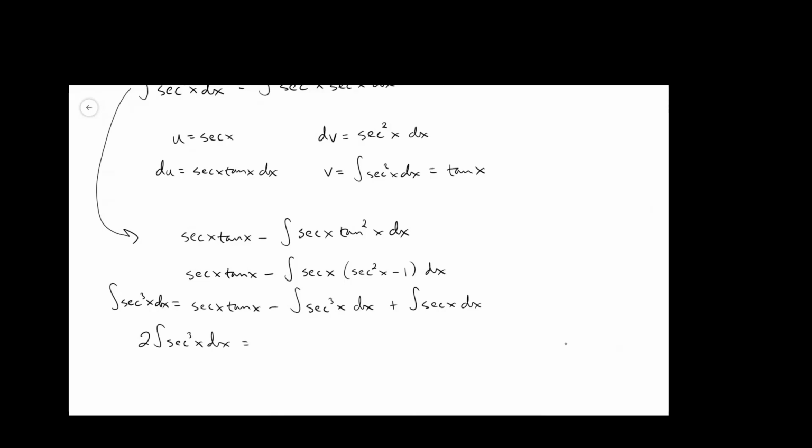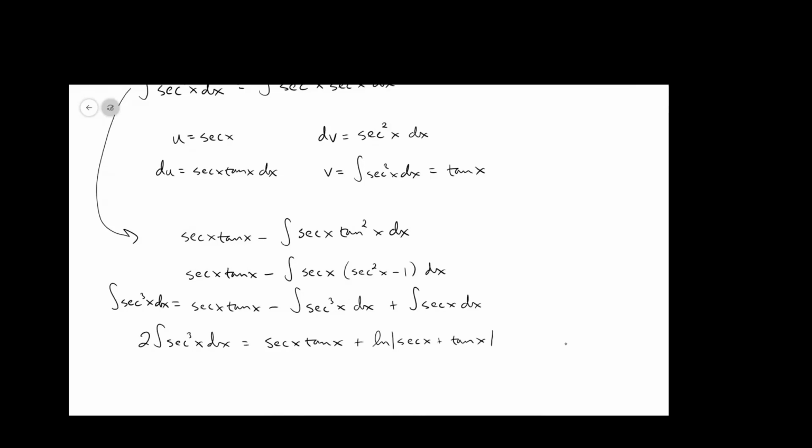And then on the other side, that secant tangent is still hanging out there. And then I still have this as well, right? The integral of the secant function. Well, that's the one we just did, right? So we don't have to do the work on that again. We already found out what that is. That's the natural log of the secant plus the tangent.